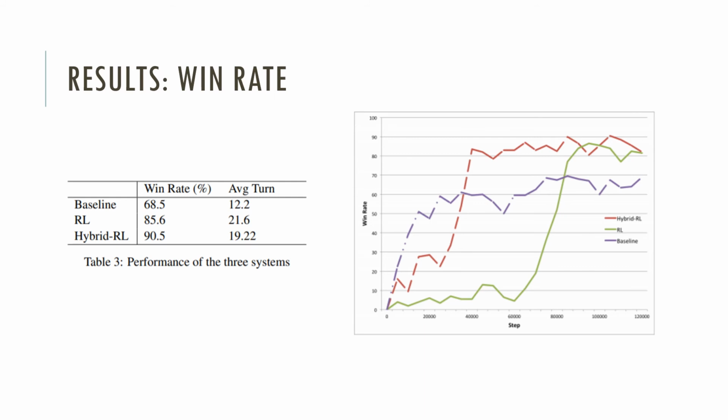It more or less uses standard supervised learning approaches, whereas the RL is attempting to win the game. And we can see that the hybrid RL actually performs the best in terms of having both the highest win rate while maintaining a slightly fewer average turns than the standard pure RL approach that we were discussing.